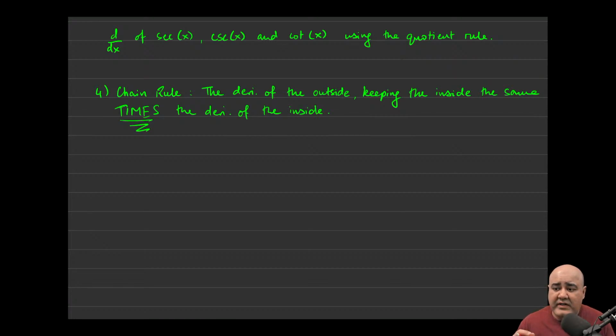Now, the reason I'm talking about inside and outside is because chain rule is always used whenever we have a composition of functions, when we have a function placed inside of another function.